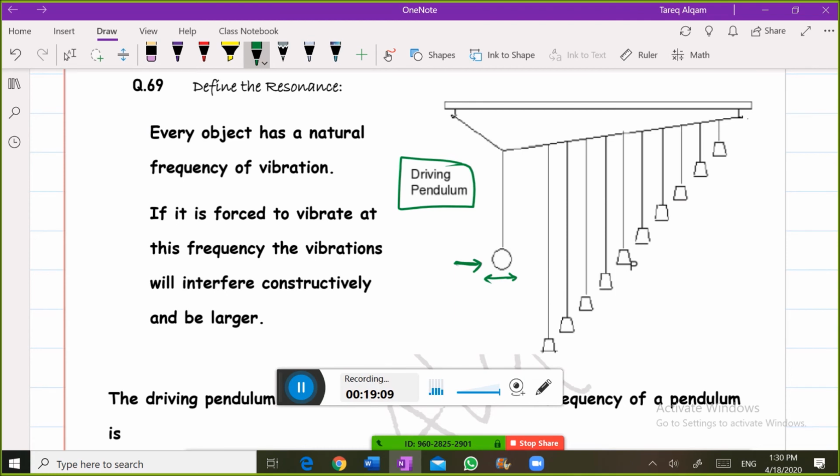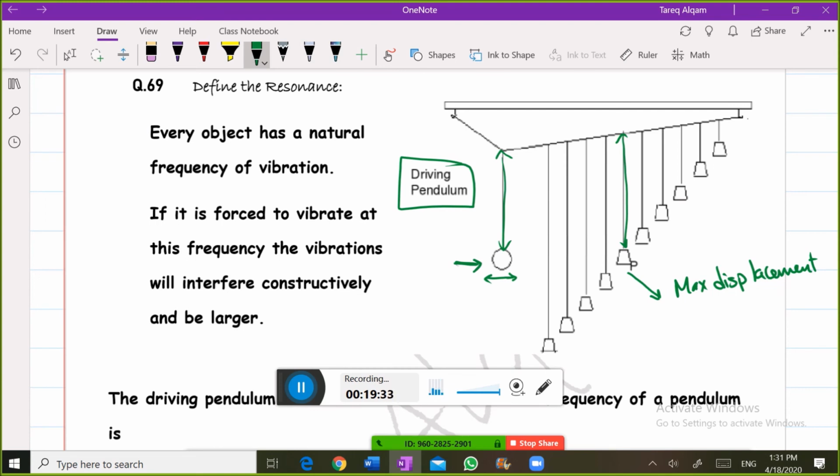But the one that has the maximum oscillation or maximum displacement is the one that has the same length as this driving pendulum. This is called resonance.